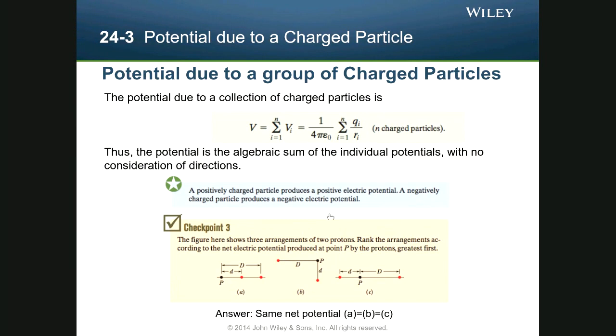So when we look here at a system of particles, all we do is add up the individual contributions and we get an unsurprising equation, right? For the checkpoint, I wanted to point out that the potentials are all the same, because you're looking at the potential at a point P. P is the point at which you're evaluating the potential, right?